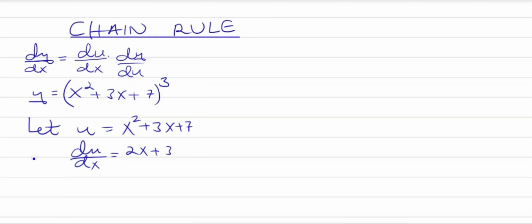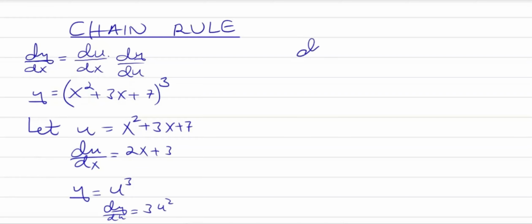And because everything inside the bracket is u, y is u to the power of 3, so we differentiate y with respect to u. dy over du is 3u squared.